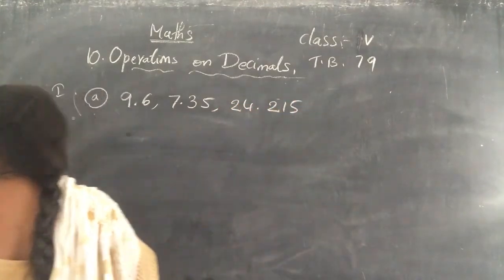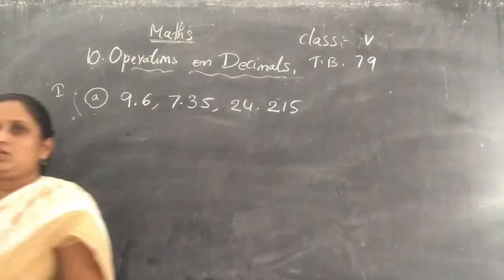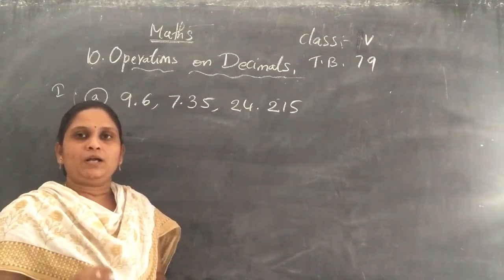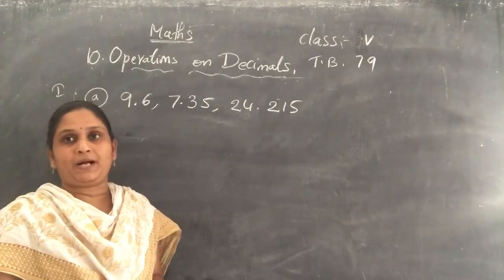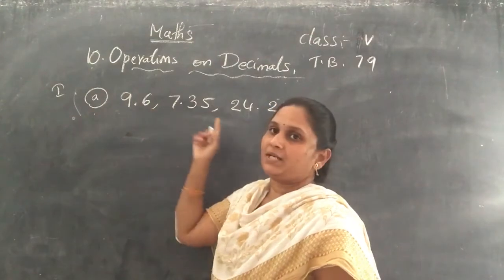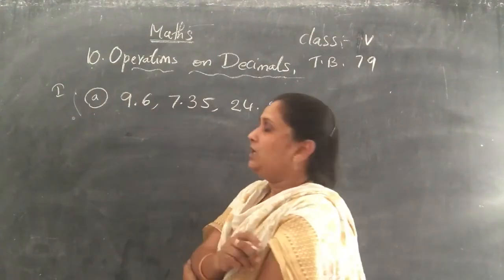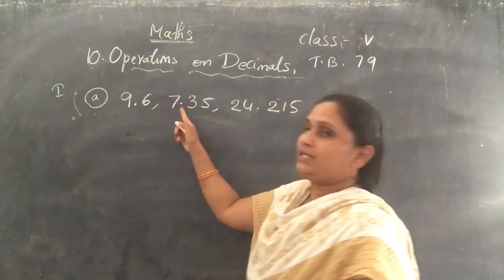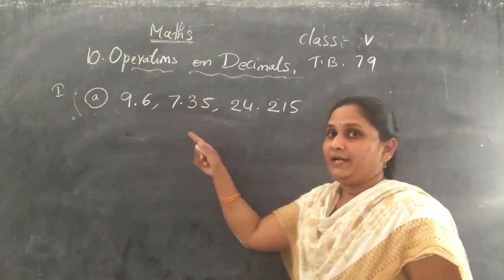24.215. So here, first of all, to arrange these decimals in order, we have to check the decimal part. Decimal part means the numbers after the decimal. Here after the decimal we have only 1 digit, next 2 digits, and next 3 digits. So every number must have 3 digits after the decimal.